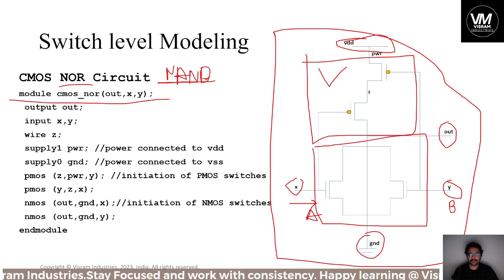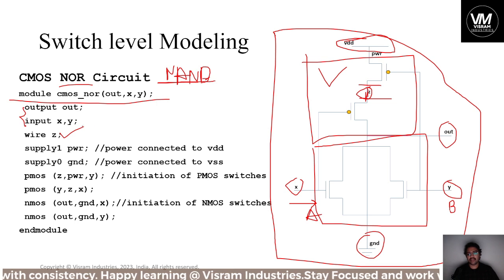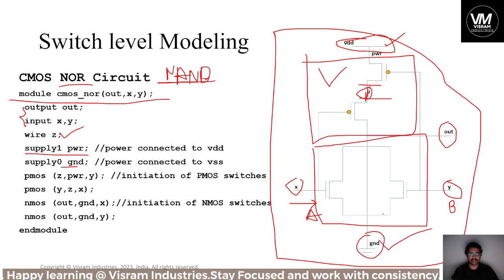Usual stuff: module declaration, inputs and outputs, wire is nothing but the connection between two PMOSes, and that wire is Z here. Think of this small part as Z. And supply 1 power, supply 0 ground. Same declarations for the switch level modeling.